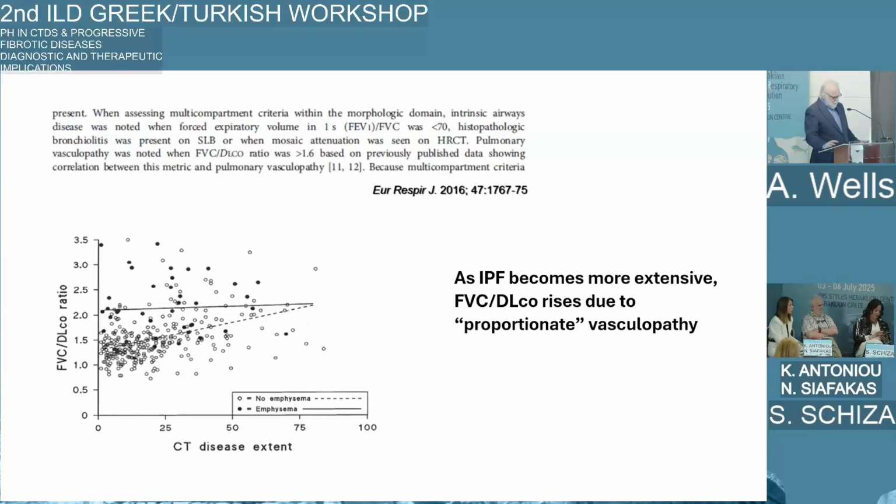But furthermore, the black dots, those without emphysema, if your ILD is bad enough and you run out of blood vessels, then you will develop pH and you will have a high FVC DLCO ratio. So this widely cited series moves the patients with IPF with the worst outcomes, pH as well, into the IPAF. It improves the IPF outcome, it reduces the IPAF outcome, and it leaves us confused.